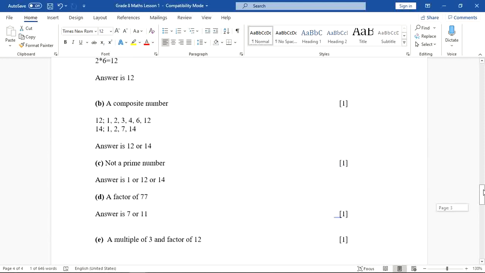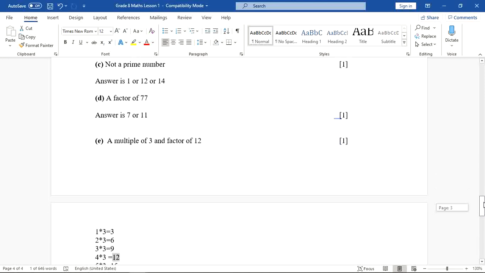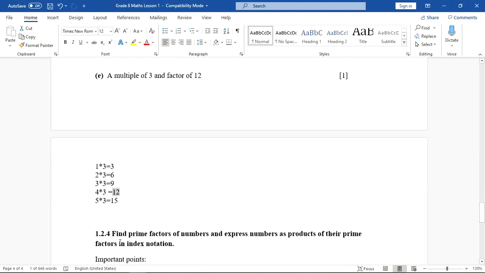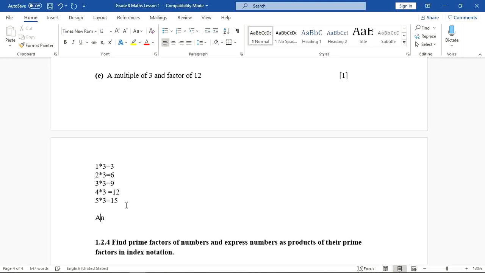What about 12 itself? Can 12 be a multiple of 3 and a factor of 12? Yes. 12 is a multiple of 3 because 4 times 3 is 12. And at the same time, 12 is a factor of 12 because 12 divided by 12 will give you 1. So the answer is 3 or 12.